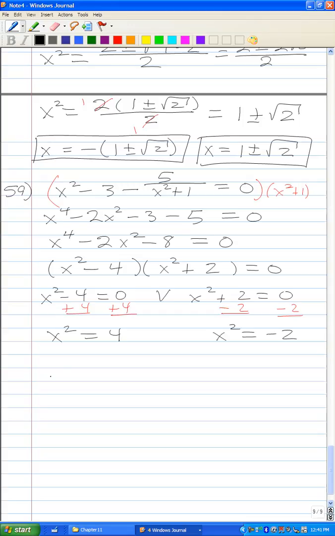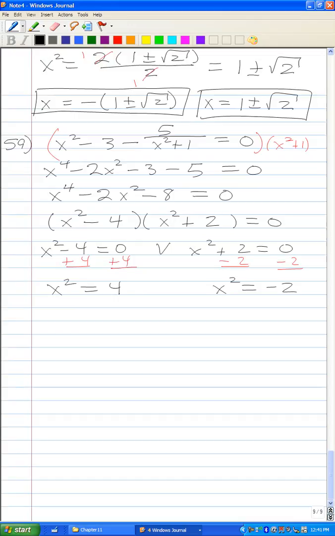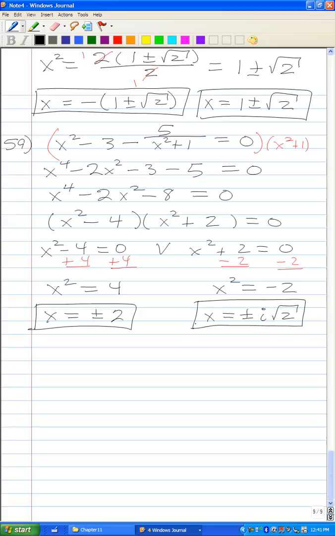And so I have, by the square root property, x is equal to plus or minus the square root of 4, 2. By the square root property, x is equal to plus or minus the square root of negative 2, which is, well, i rad 2. Notice that when x is equal to 2, I'm not dividing by 0.